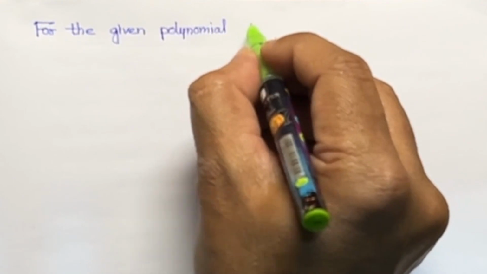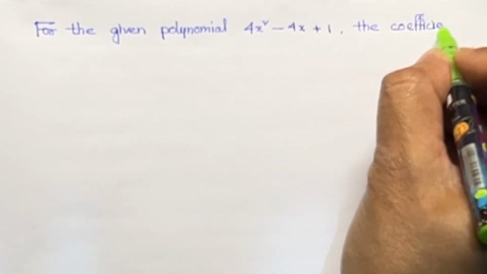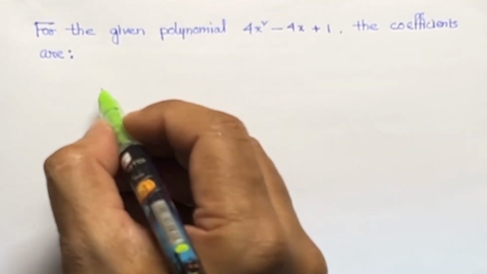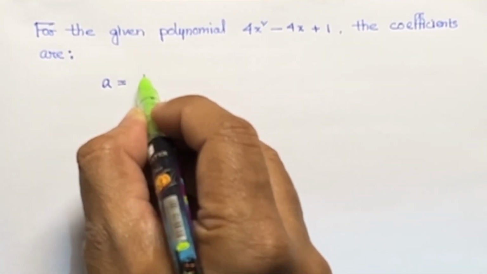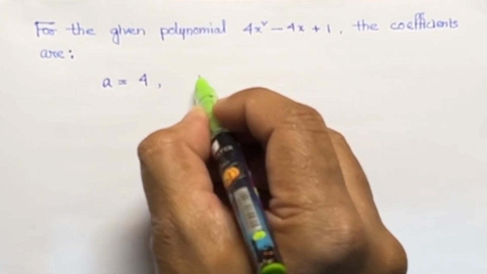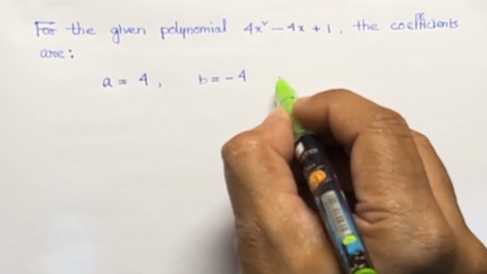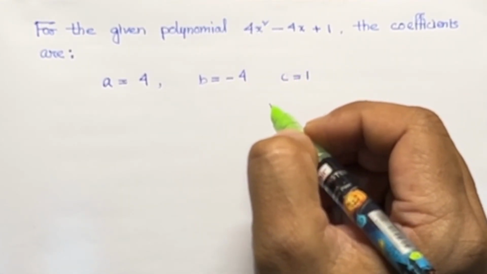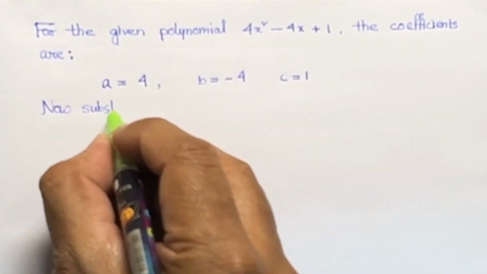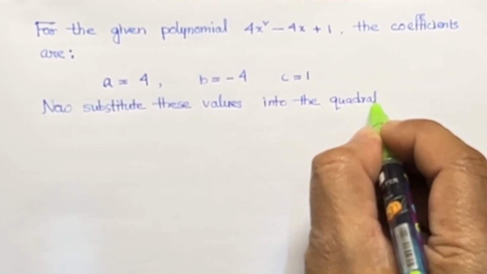So for the given polynomial 4x square minus 4x plus 1, the coefficients are a equal to 4, b equal to minus 4 and c equal to 1. Now substitute these values in the quadratic formula.